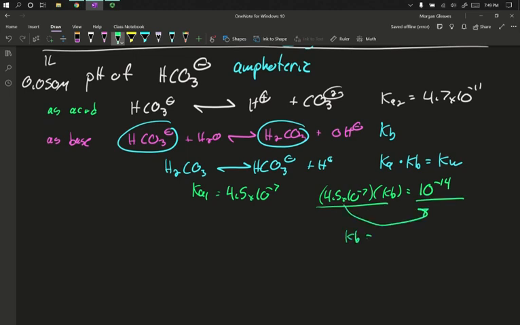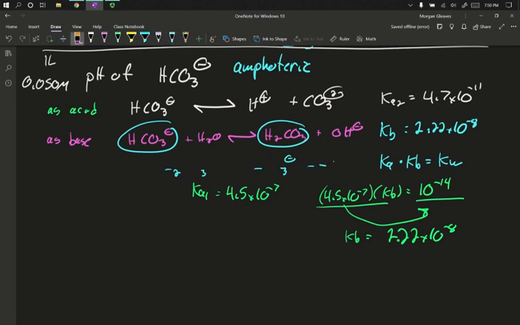Our Kb, 10 to the minus 14 divided by 4.5 times 10 to the minus 7, we'll find that's 2.22 times 10 to the minus 8. So we can find the Kb for our bicarbonate ion acting as a base to make carbonic acid: 2.22 times 10 to the minus 8.